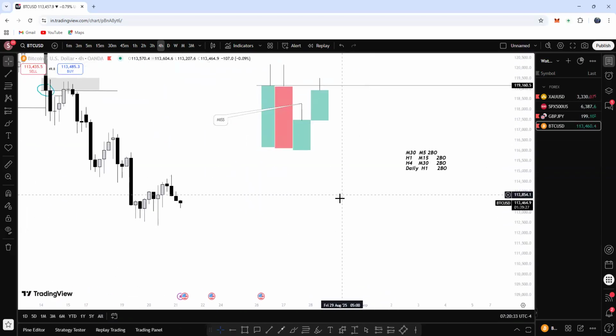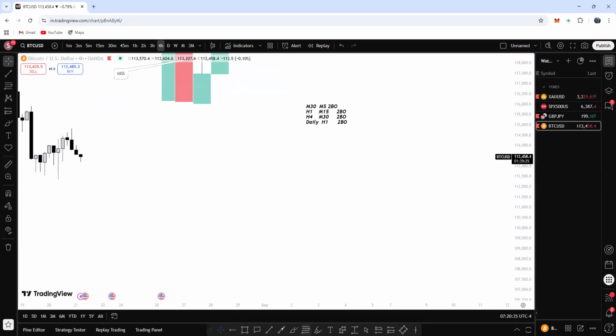So what do we now mean by 2 times breakouts, guys? This is what we mean. When you have a trend going like this, and like this, this is your first low and your second low.